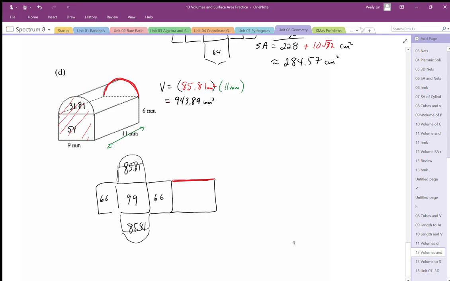So to get that length, I'm going to take the width 9, times it by pi, and then I only want half of it because I only want half the circle. So when I do that, I get 4.5 pi. So 4.5 pi is approximately 14.14, and I'm going to times that by its width of 11.